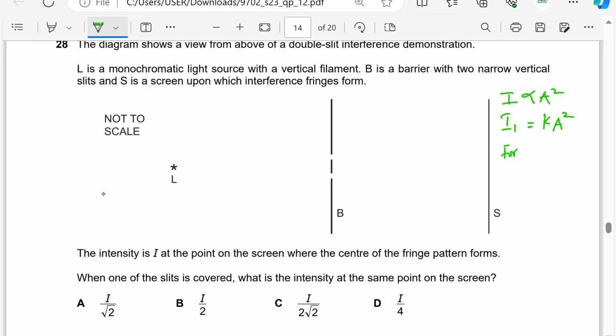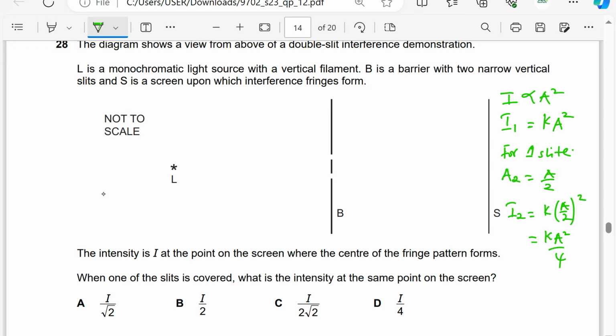So for one slit, the amplitude A2 is going to be equal to a half of the first amplitude. So the intensity I2 is going to be equal to K times the new amplitude, which is A over 2, but remember the amplitude should be squared. So this is going to be equal to K A squared divided by 4.